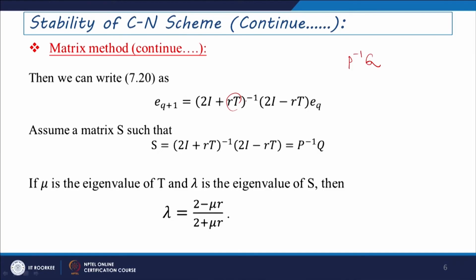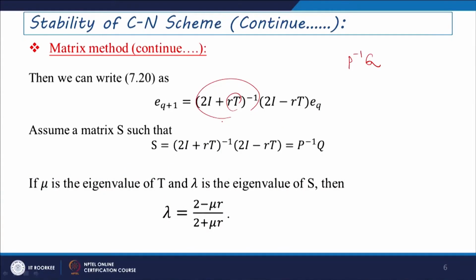That's why this complete system can be written in the form of (2I plus RT) inverse, since we are writing that as P inverse into Q. So these diagonal elements only we are representing here. Directly it can be taken in the inverse form as (2I plus RT) whole inverse, and (2I minus RT) into E_Q here.